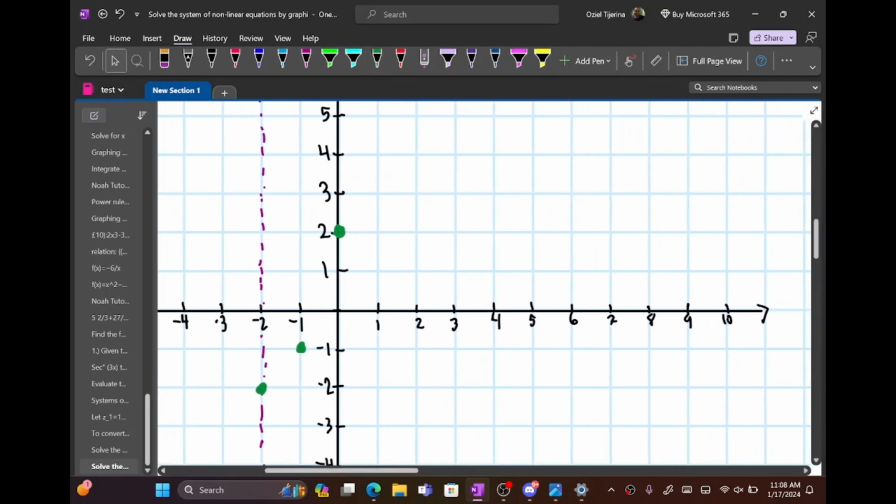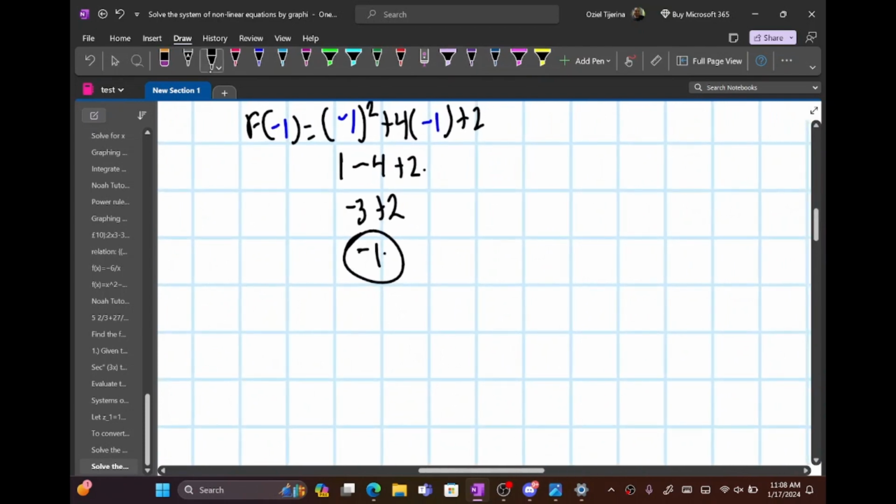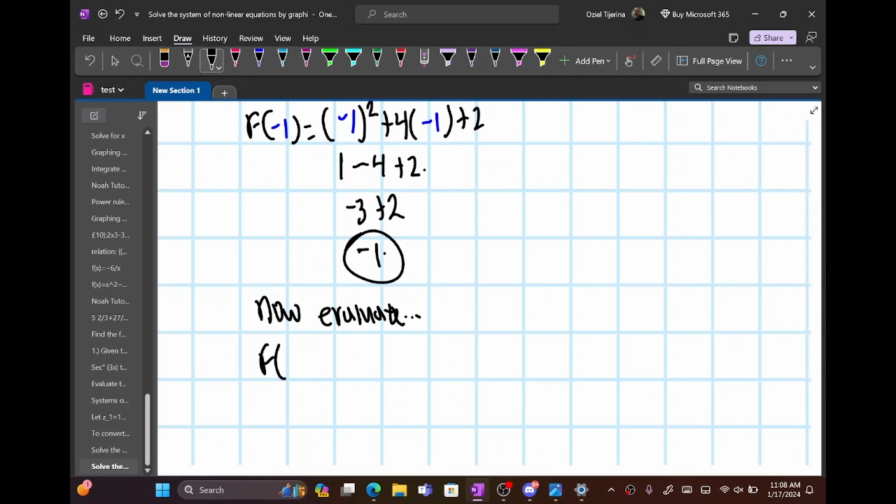Anyways, now we're going to pick the point x equals 1. So now evaluate f of 1. We're just picking one more point, because we want to make sure that we put as many points on the parabola as we can.